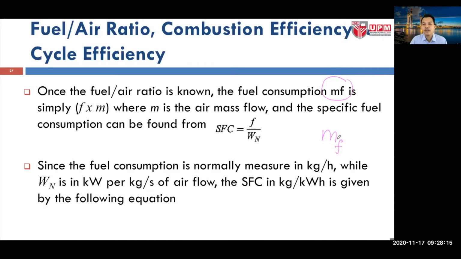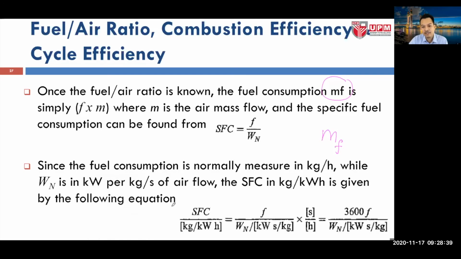Since the fuel consumption is normally measured in kilogram per hour, while the WN, the work, is in kilowatt per kilogram per second of airflow, this specific fuel consumption is written as kilogram per kilowatt hour, and will be given by the following equation.